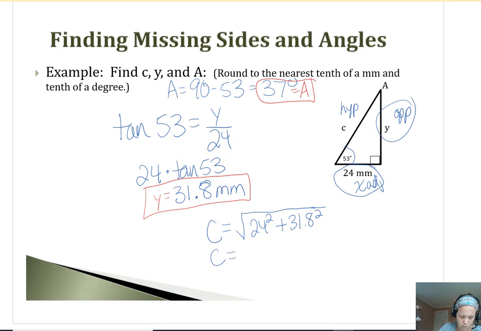I'm going to do that all in one step: square root of 24 squared plus 31.8 squared, to the nearest tenth of a millimeter, is 39.8.